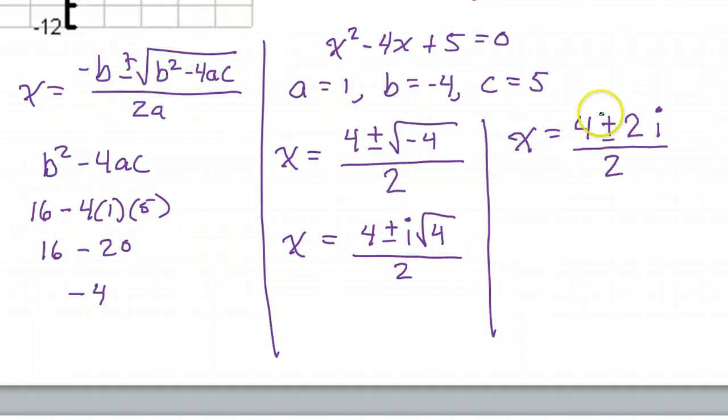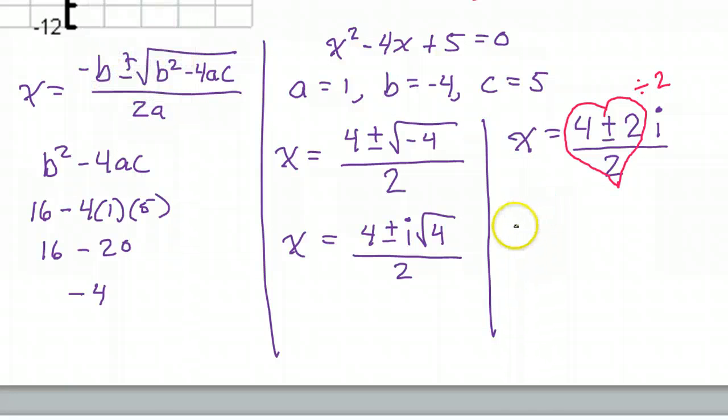Alright, now let's go ahead and reduce this using our heart, like this. Okay, it's got to be all or nothing. If all three of these numbers are divisible by something, then we must do it. And they are all divisible by 2.